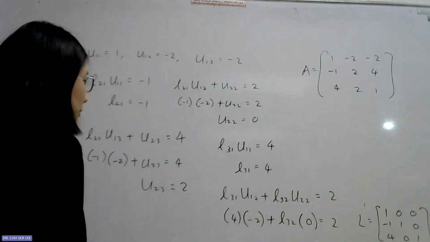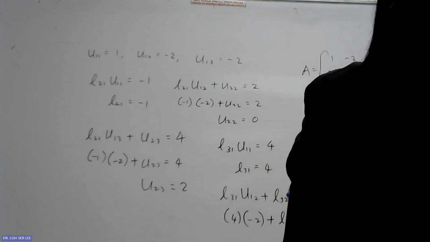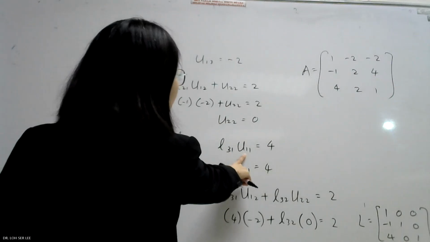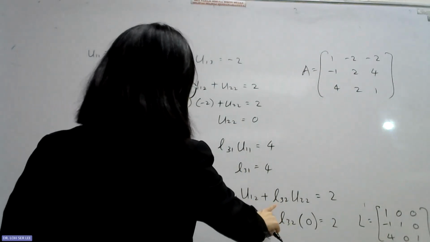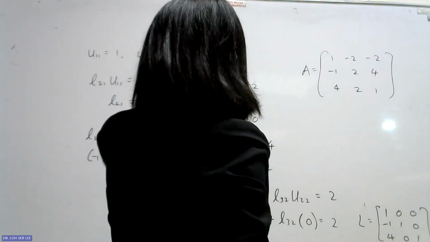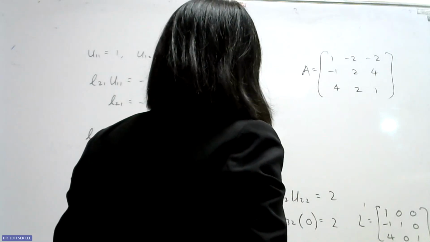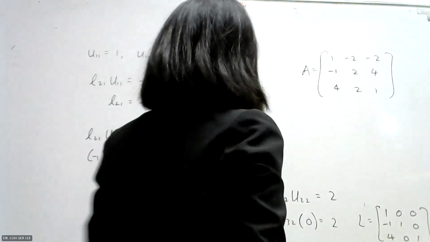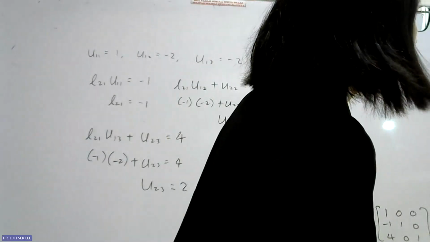So we try to find L32: 4 times -2, plus L32 times 0, equals 2. Right? U22 is 0. We can't find L32.